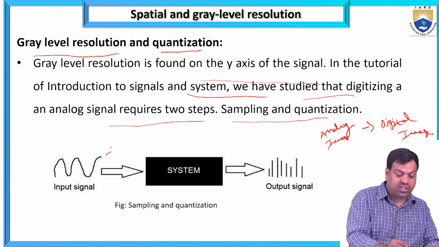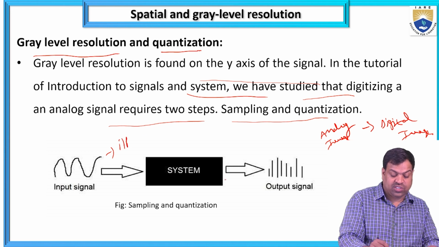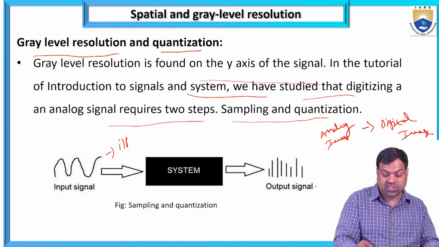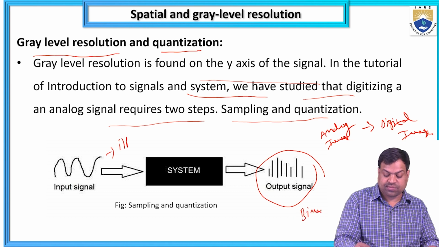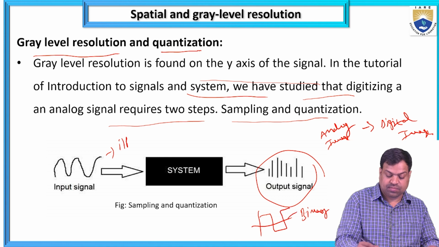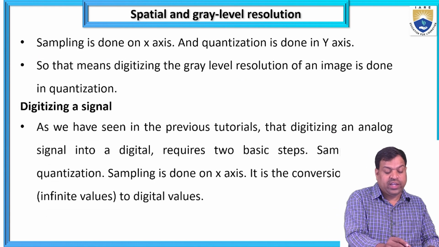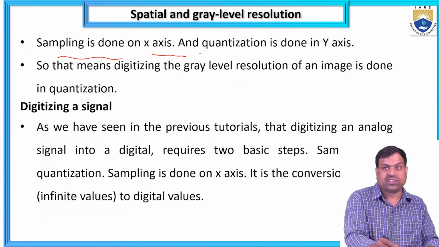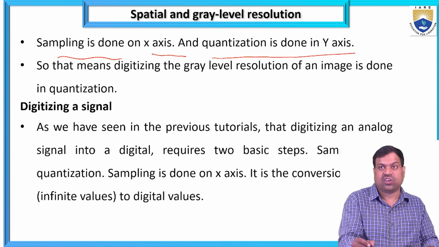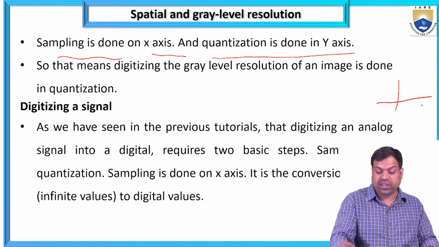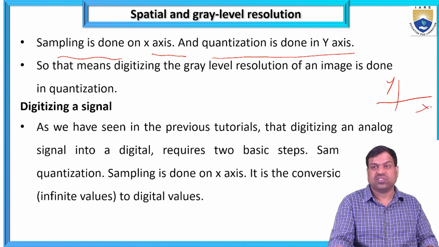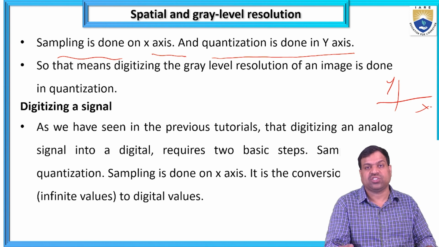It is an input signal, the system is sampling and quantization, and the output signal is binary, like 1 0 1 0 and so on. Here the sampling is done on the x-axis and the quantization is done on the y-axis. The x-axis is for sampling, and the y-axis I am taking for quantization levels.